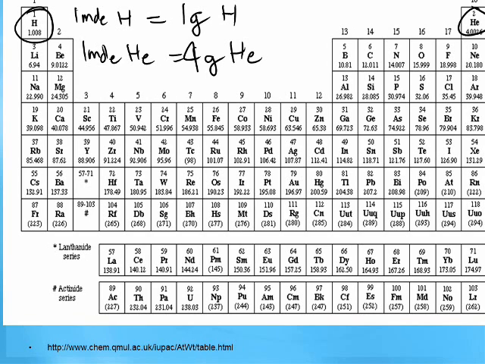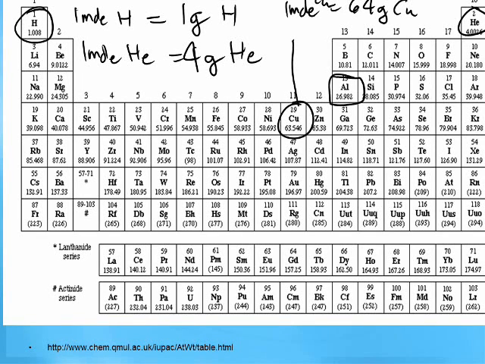How about, let's just use copper here. 1 mole of copper equals 63.546, but let's just say 64 grams of copper.